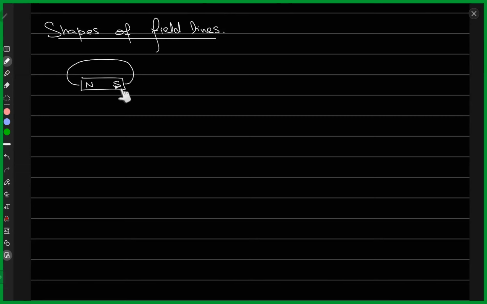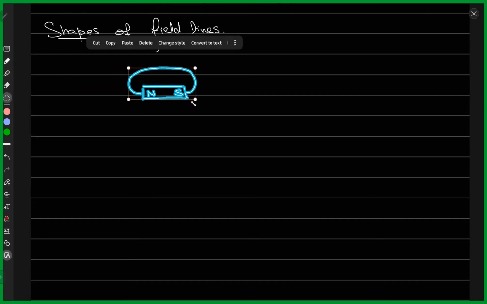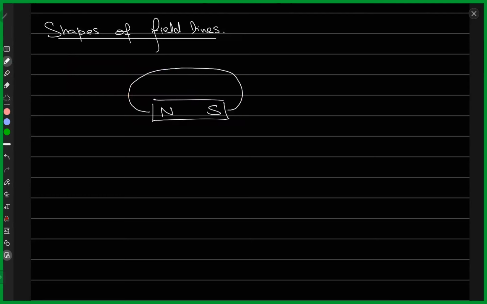If I have this magnet which has two poles, north and south, again, we have discussed that both of these poles should exist together to form a magnet. Let me increase the size of this. The field lines look something like this: they come out of one of the poles and they end inside the other one, right?